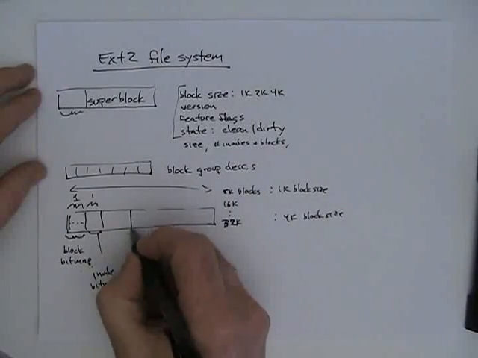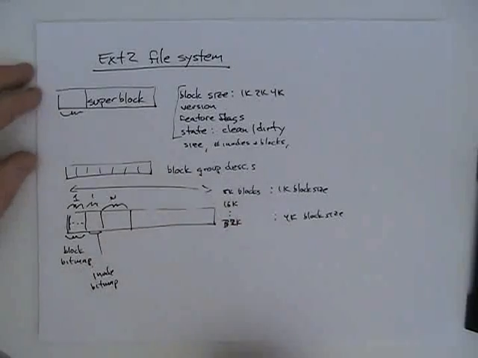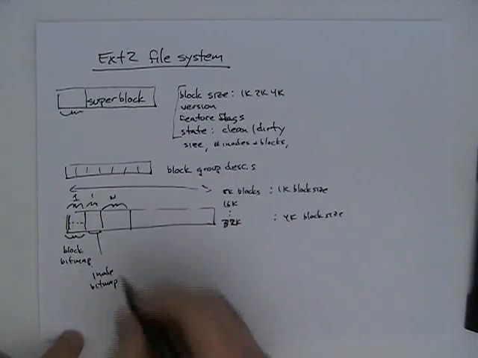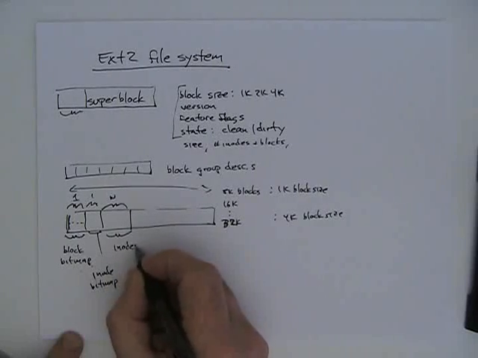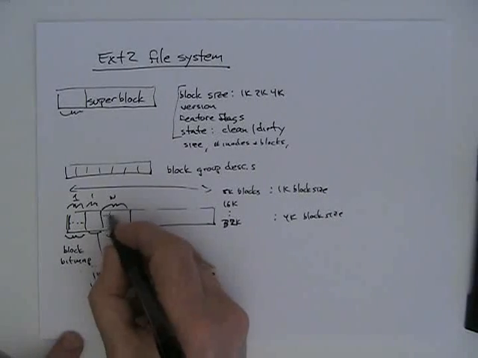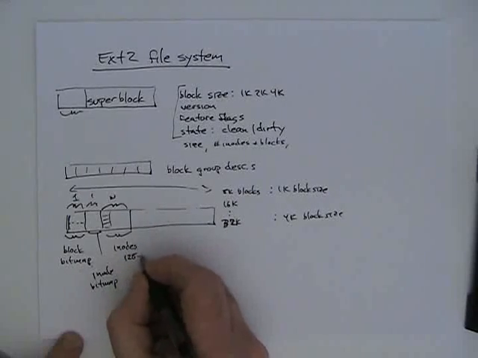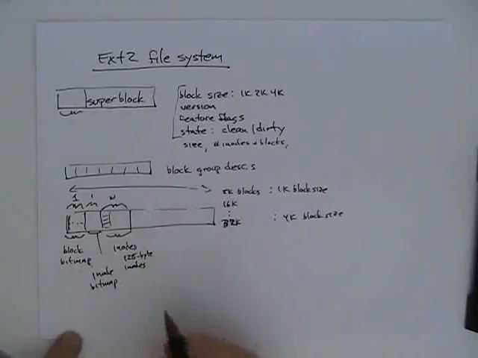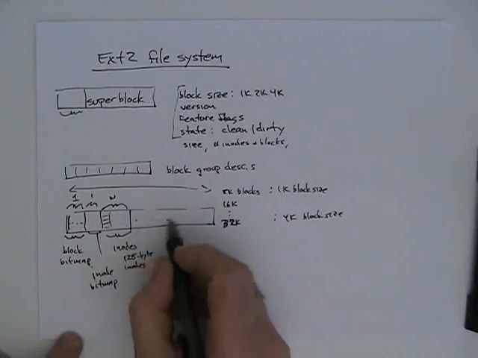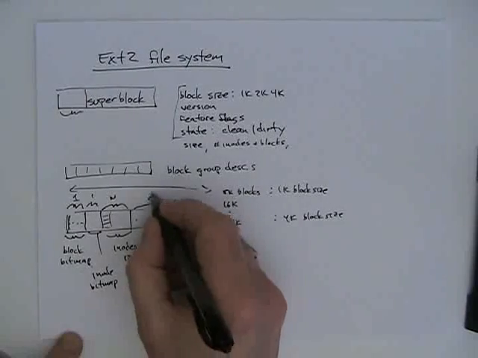Similarly, there's a certain number of blocks that are going to be used as the inodes. So each block in here is going to be carved up into 128-byte inodes. And then the remainder of this is the data blocks.